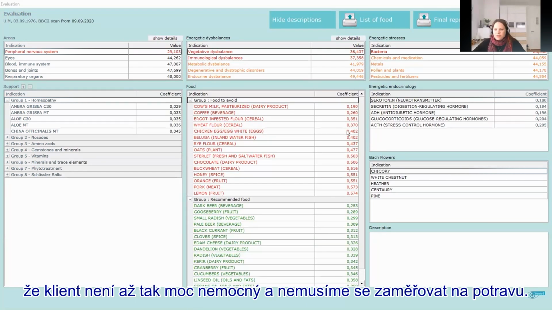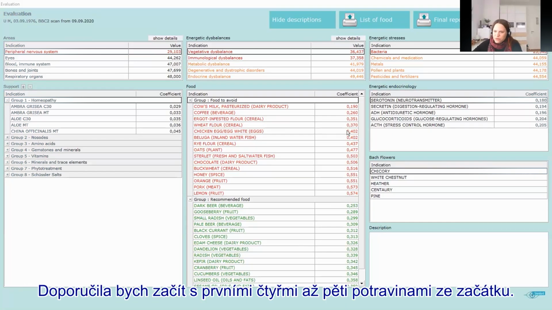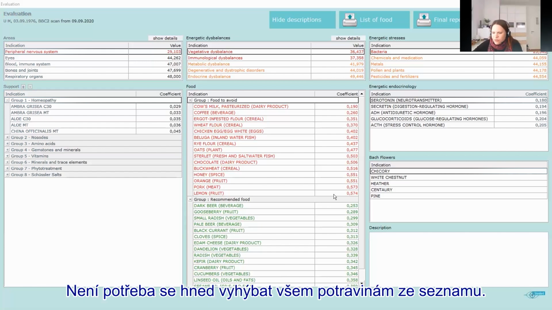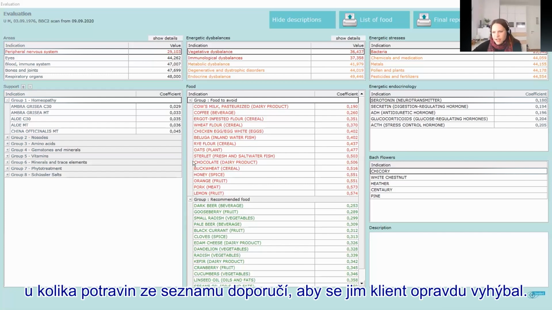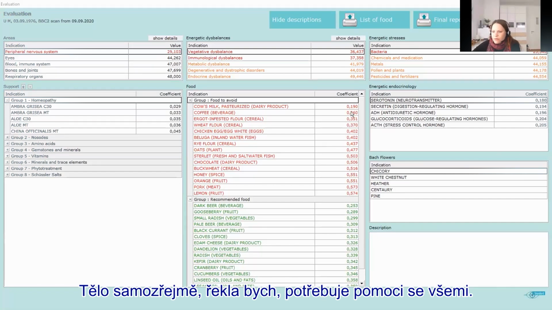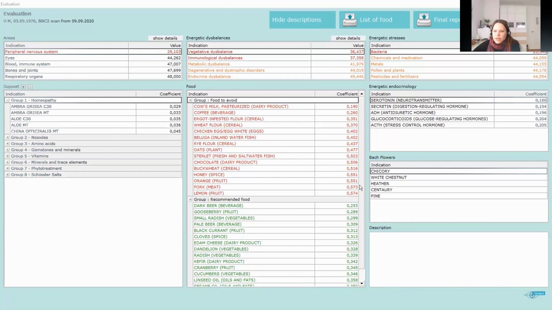So in this case, when the patient is not that ill and we don't have to focus that much on food, I can say, please just start with the first 4 or 5 foods. You don't have to avoid the whole list. The therapists are free to decide how many foods you really want to set on the avoid list. Of course, the body would say, I don't want to have all of them.